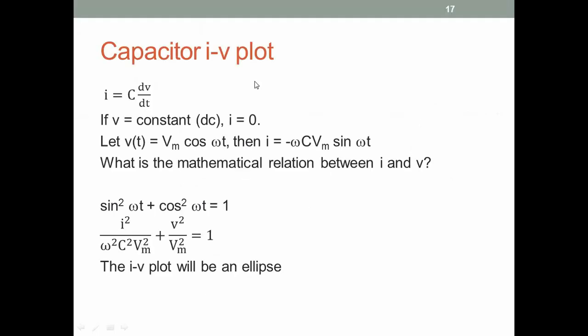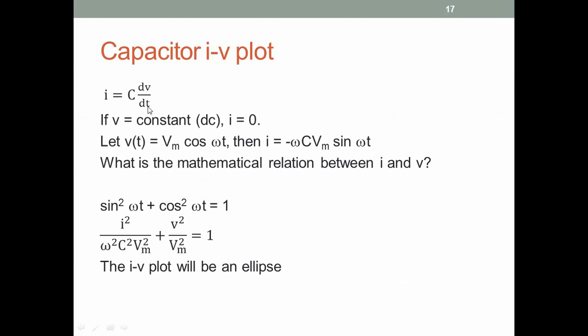Okay, last. Suppose I want to plot the IV characteristics of a capacitor. We've seen resistor, we've seen voltage source, we've seen current source. What will be the plot of the current versus voltage of a capacitor? Let's think about it.